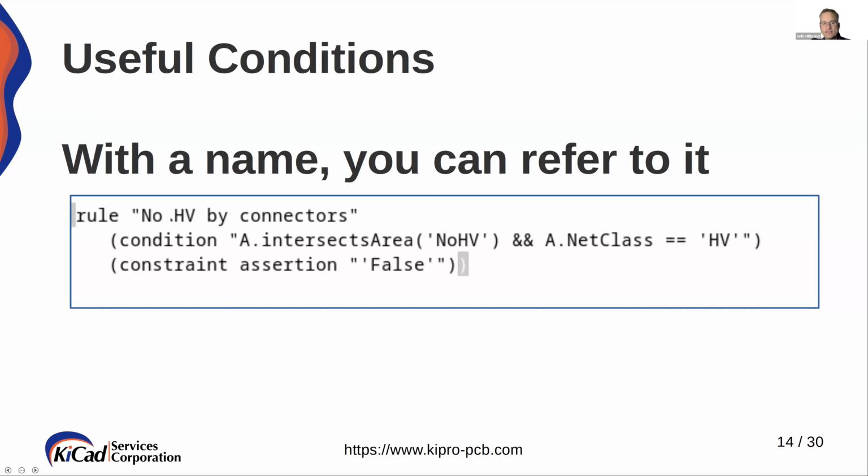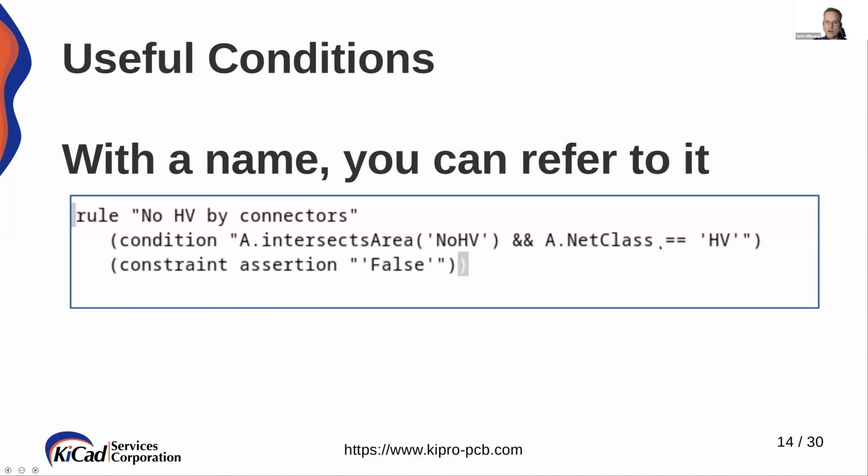And then we set up a condition, and we say that A, which is the first object, intersects area. This is one property of A: intersects area with the area named no HV. The double ampersand means and. We also require the second condition: A dot net class is equal to HV.